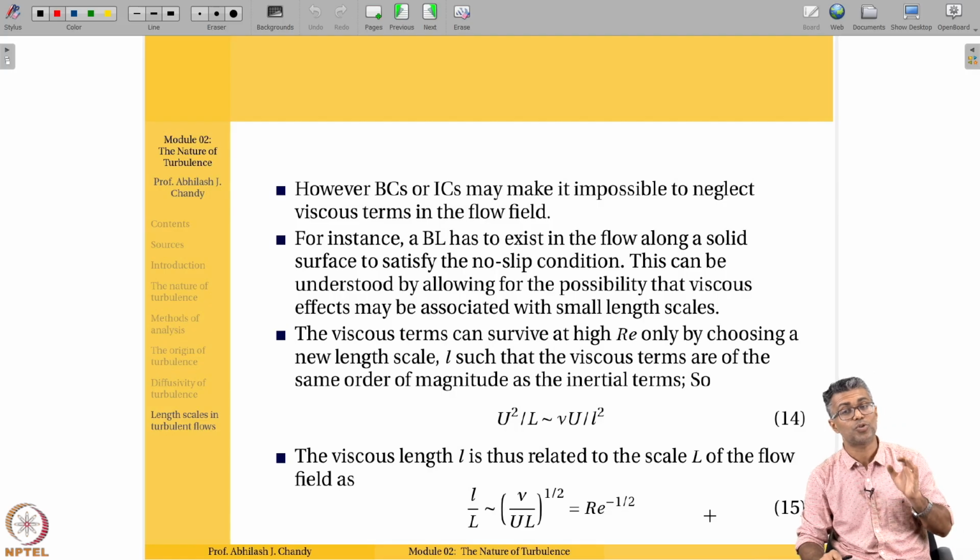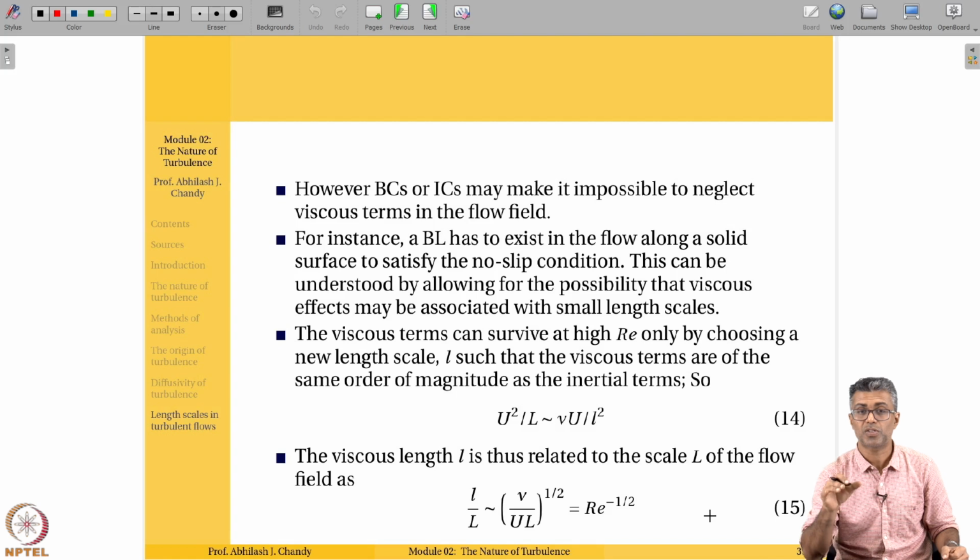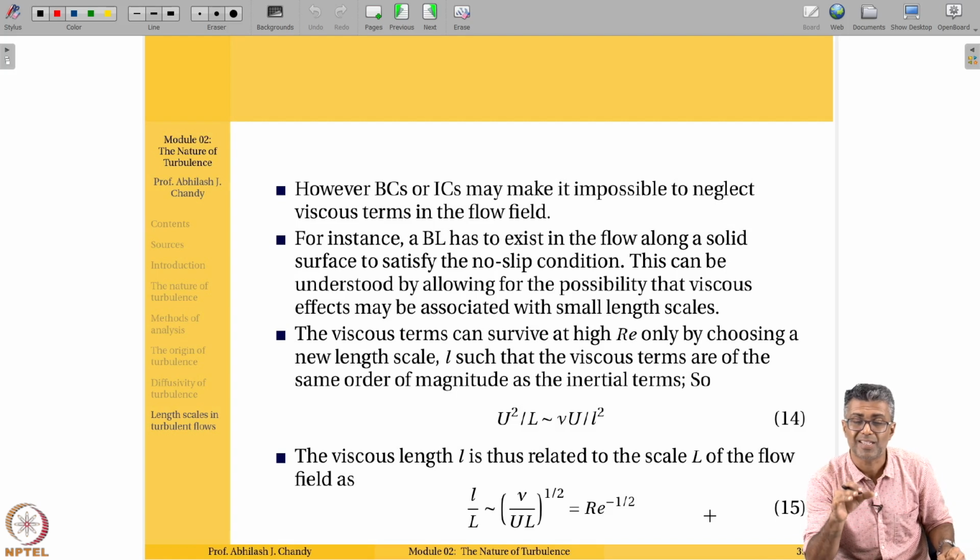So viscous effects do exist, right? And this can be understood better by allowing the viscous effects to be associated at small length scales. So viscous effects do exist, except they exist at the small length scales.